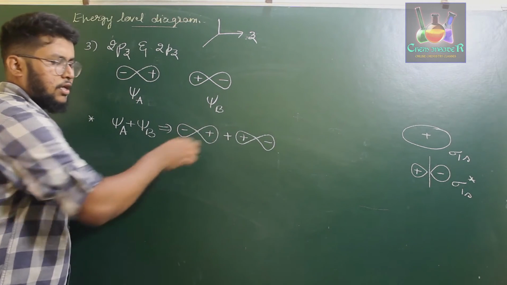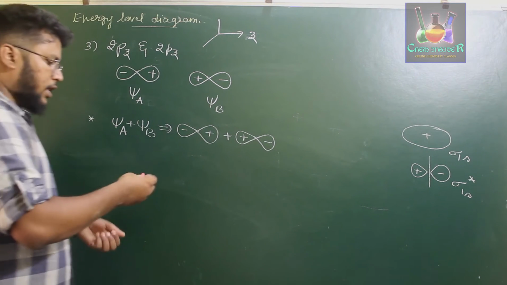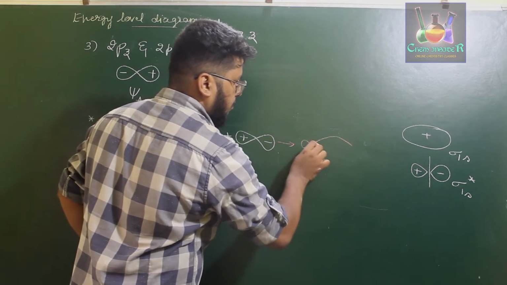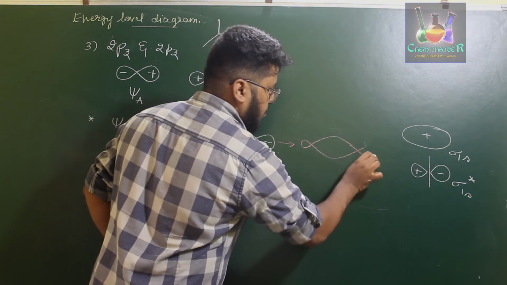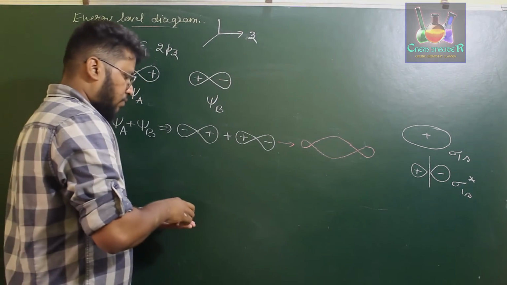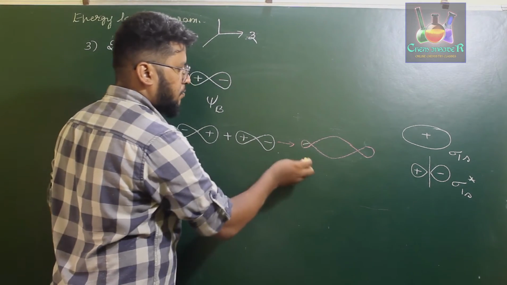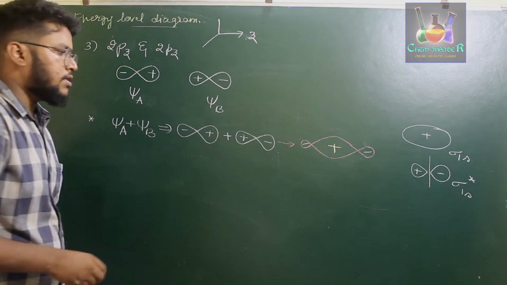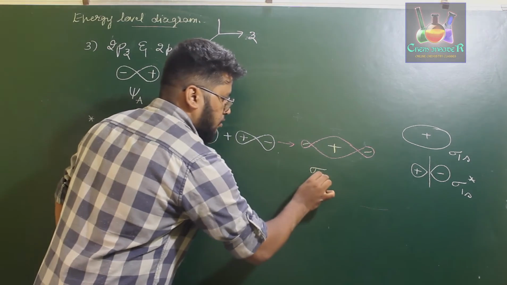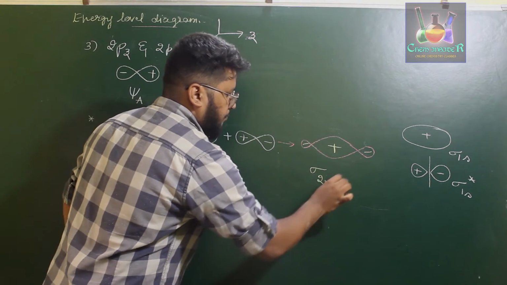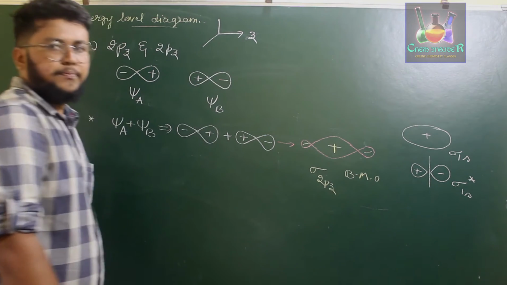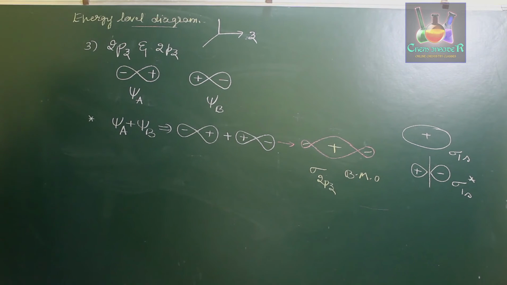Since all these three are same signs, therefore they get combined and form geometry like this, where we have minus in this position, minus over here, and a plus over here. So this is sigma 2pz orbital, that is the bonding molecular orbital of 2pz, okay, sigma 2pz, that is the bonding molecular orbital of 2pz.